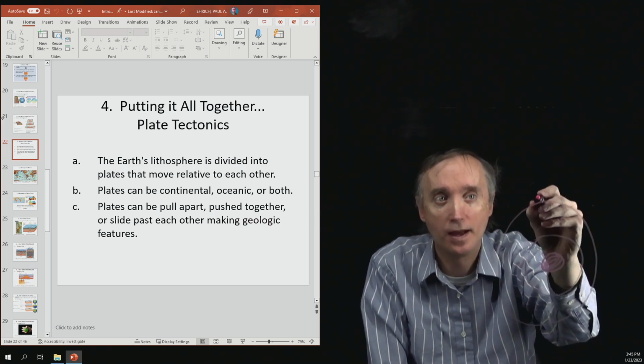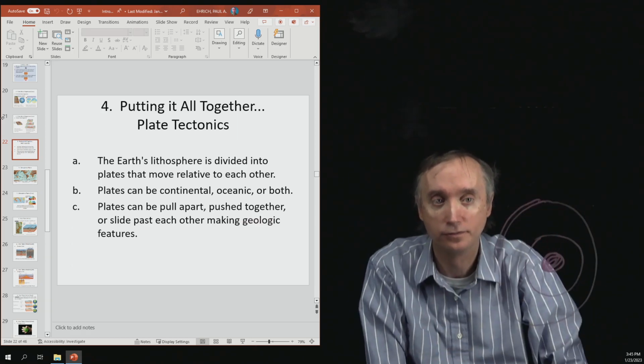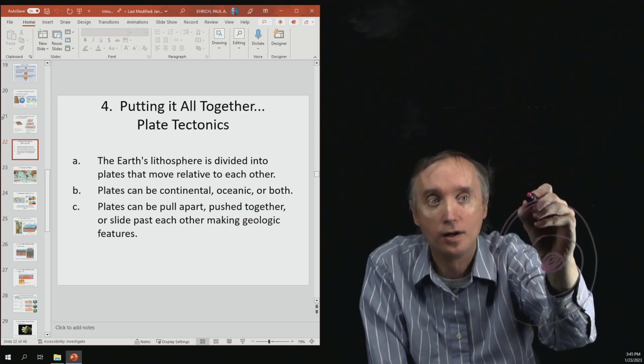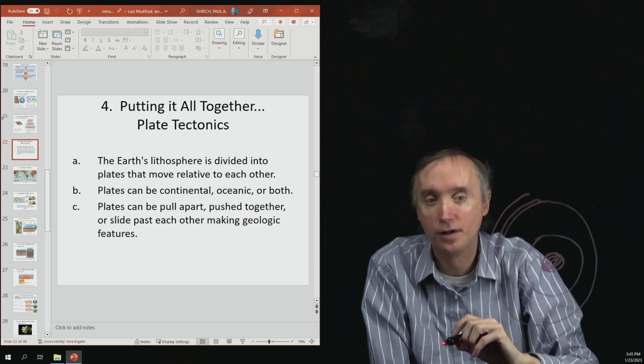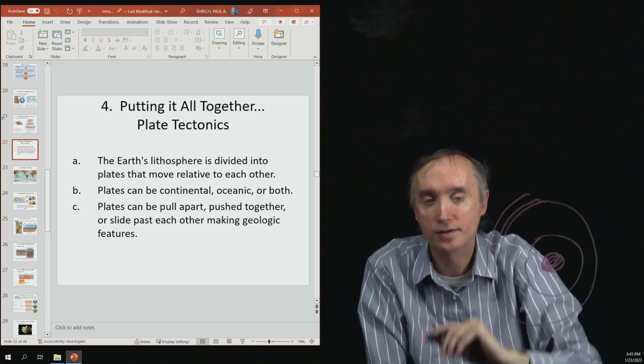Then on top of that is a very thin layer called the asthenosphere that is slippery. And then on top of it is a solid layer called the lithosphere. So the lithosphere rides on top of the asthenosphere.